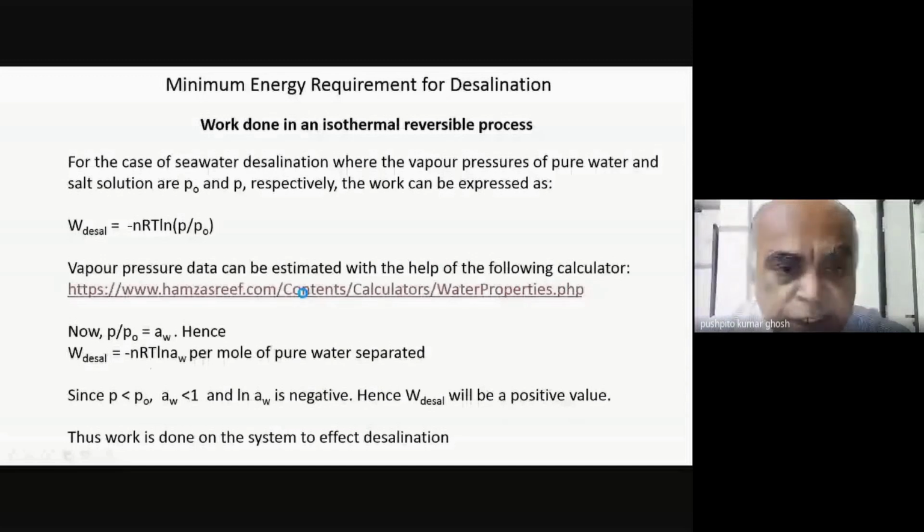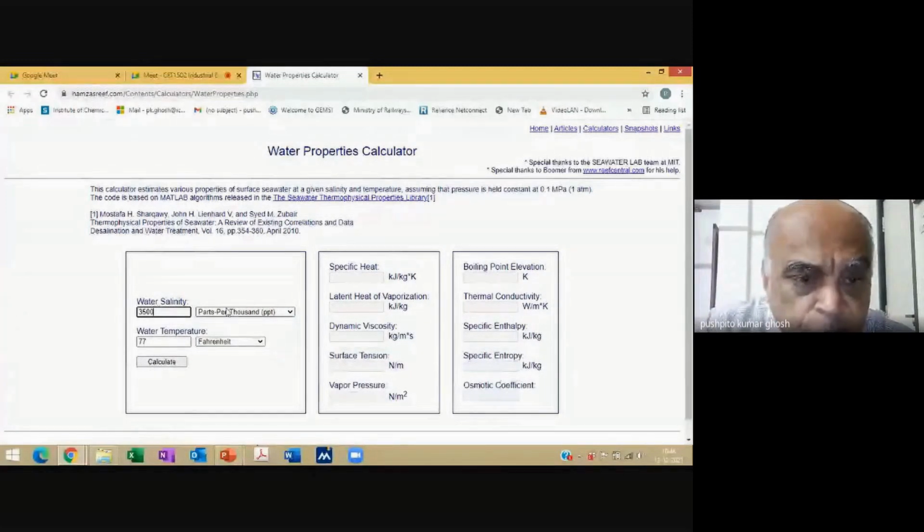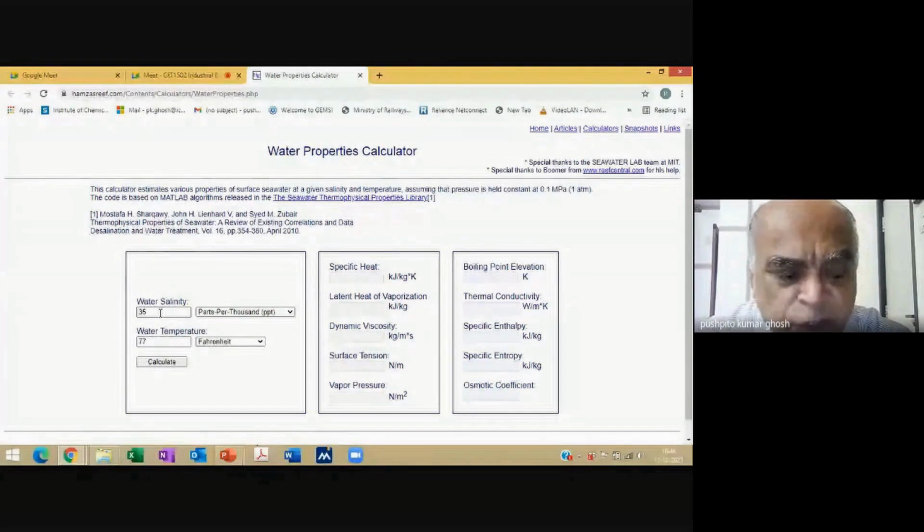Let me just see. Yeah. So let's say I take seawater, which is 35,000 ppm. Okay, this is given in parts per thousand, not parts per million. So let's take parts per thousand. 35 parts per thousand is equal to 35,000 parts per million.